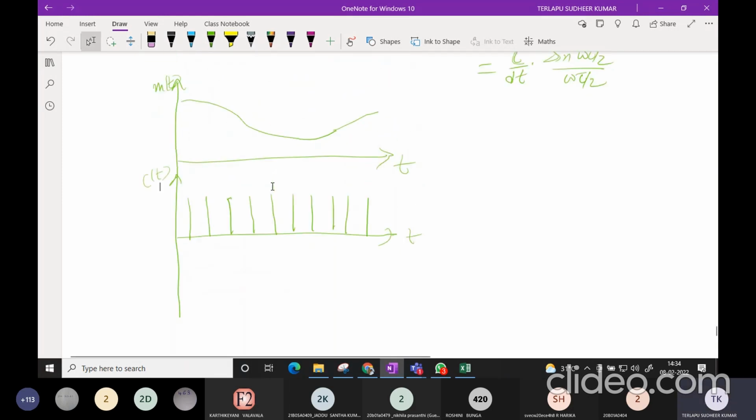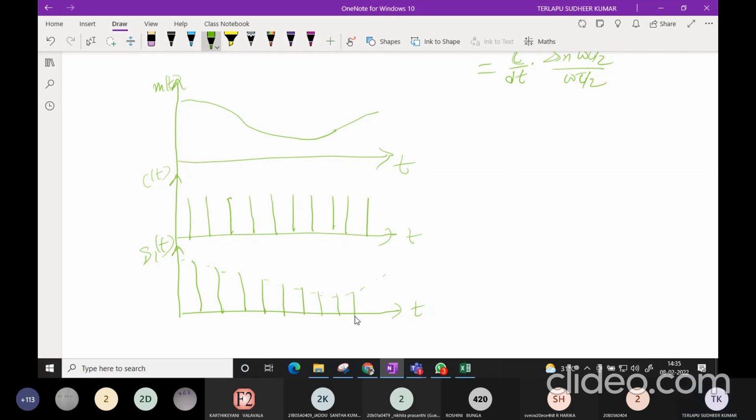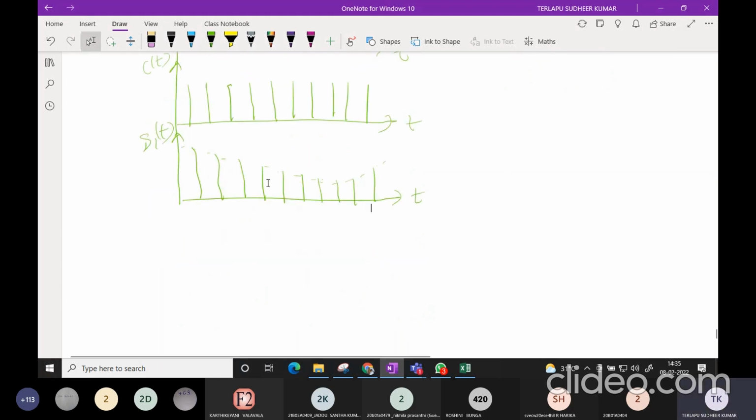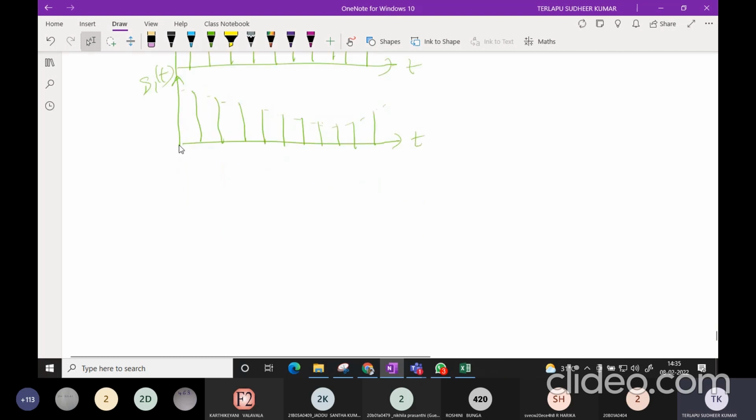From this I can generate S1 of t as, at every sample time duration, I have my signal. Now, this S1 of t is given as input to the pulse broadening network.